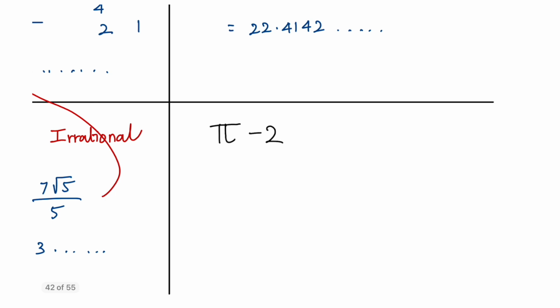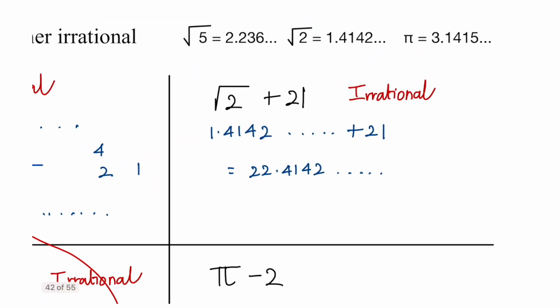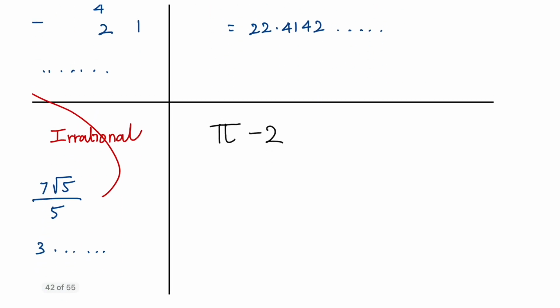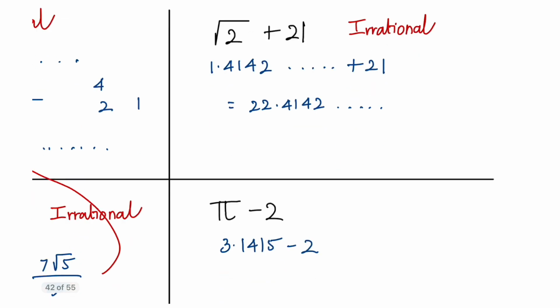Now let us come to the last one, the last number here, which is pi minus 2. The value of pi that has been given is 3.1415 and you are going to subtract the value of 2 from it, right? So 3.1415 minus 2, right?